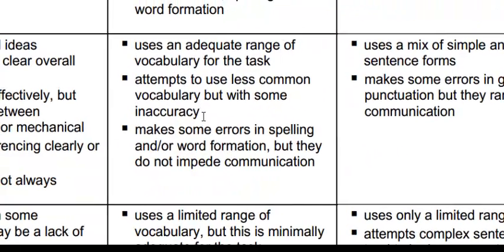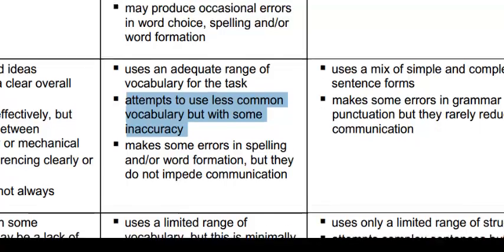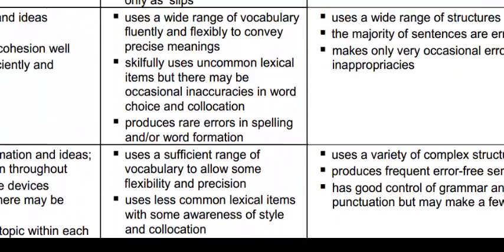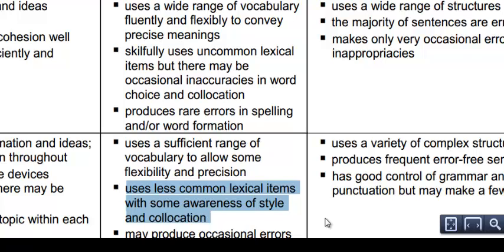If we go back to band score 6 and look at the second criteria, it reads attempts to use less common vocabulary but with some inaccuracy. If we compare that to band score 7 and band score 8, we see uses less common lexical items with some awareness of style and collocation.